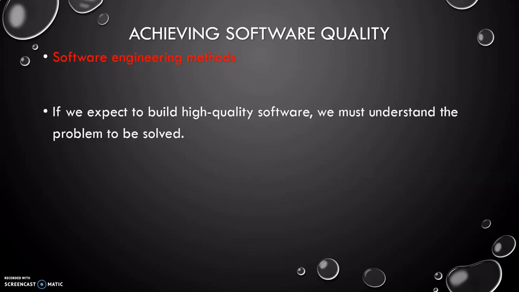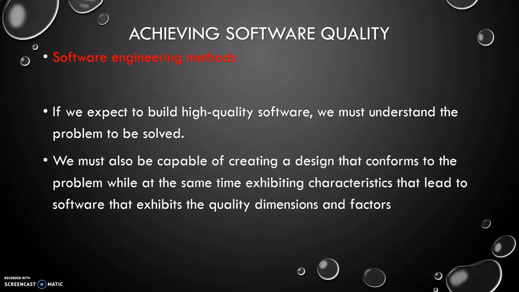If we expect to build high quality software, we must understand the problem to be solved. We must also be capable of creating a design that conforms to the problem, while at the same time exhibiting characteristics that lead to software with the quality dimensions and factors. So we have to engineer methods with which we can expect to build high quality software, and at the same time solve the problem very easily.